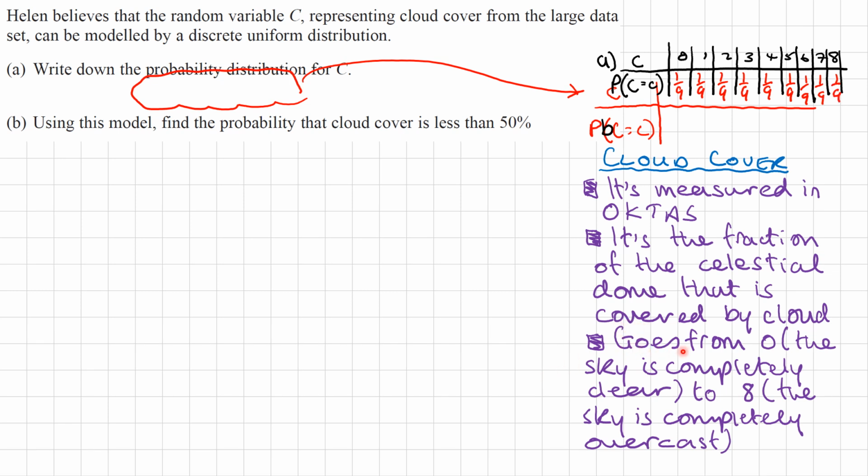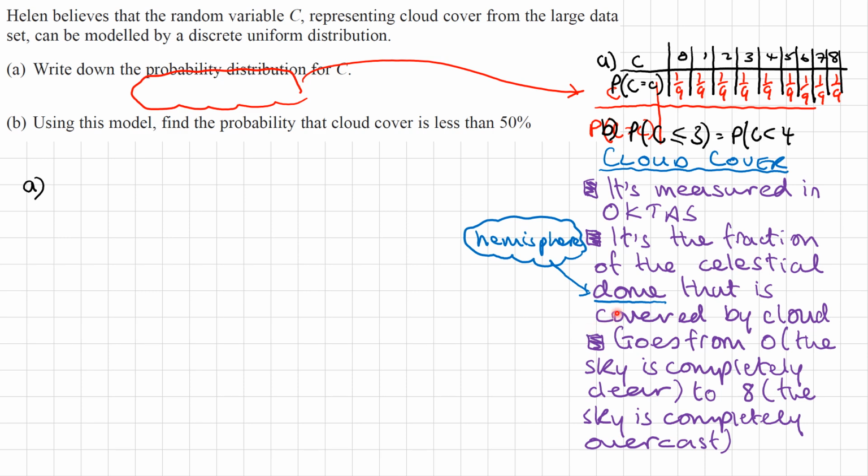And it goes from 0, which means that the sky is completely clear, to 8, which means that the sky is completely overcast.